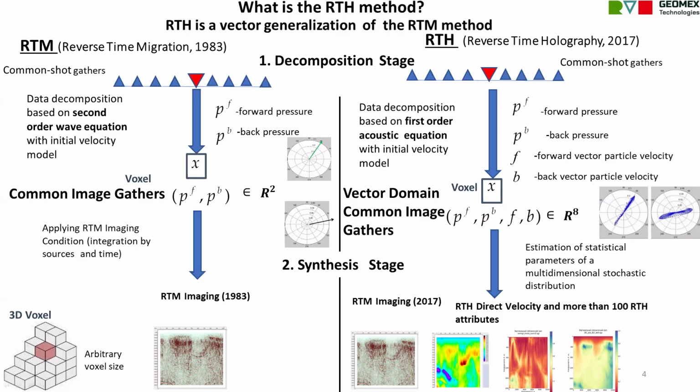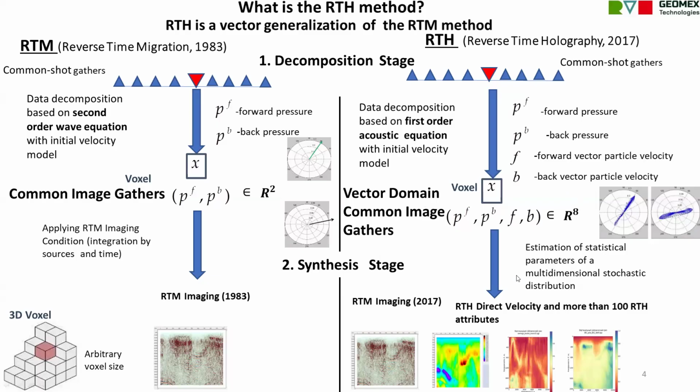What is the next stage? The next stage is applying the RTM reverse time migration imaging condition, a very famous imaging condition. What is an imaging condition? Simply integration by source and time. In our case, we obtain 8 parameters, and the synthesis stage deals with the estimation of statistical parameters of the multidimensional stochastic distribution.